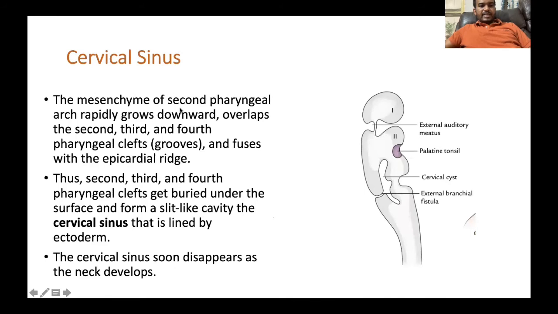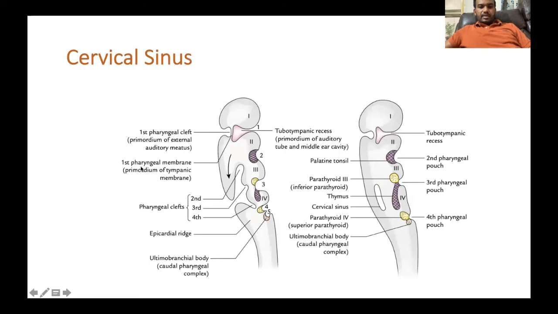The mesenchyme of the second pharyngeal arch rapidly grows downwards and overlaps the second, third, and fourth pharyngeal clefts or grooves and fuses with the epicardial ridge. So this second pharyngeal arch is growing downwards rapidly, overlapping the second, third, and fourth pouches, and finally fusing with the epicardial ridge.